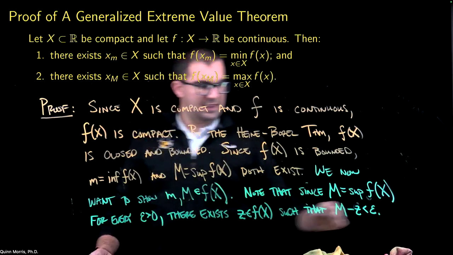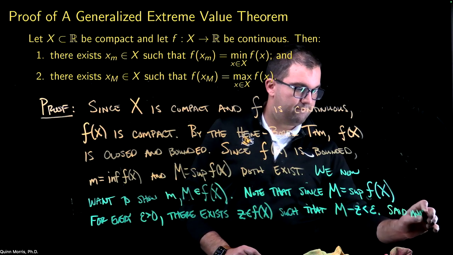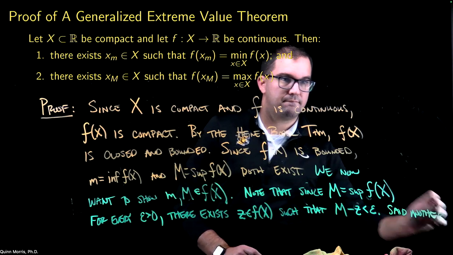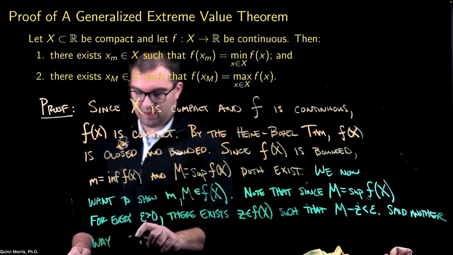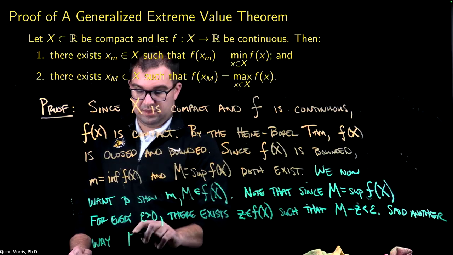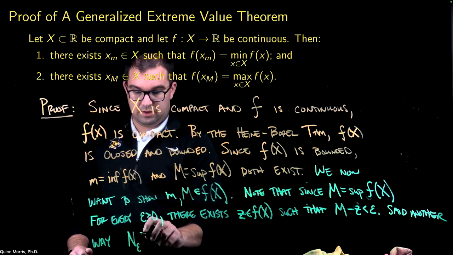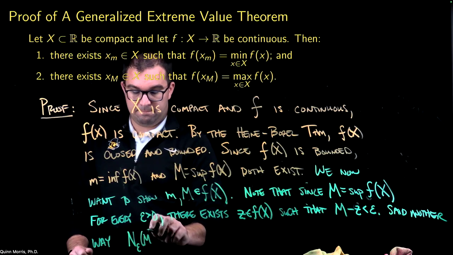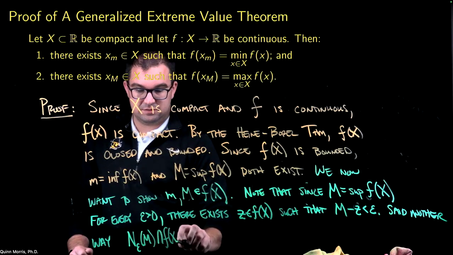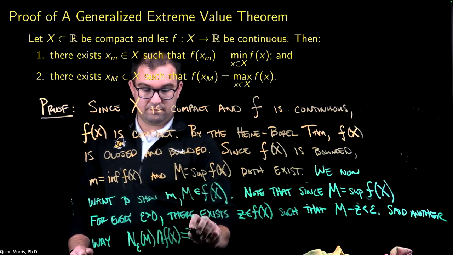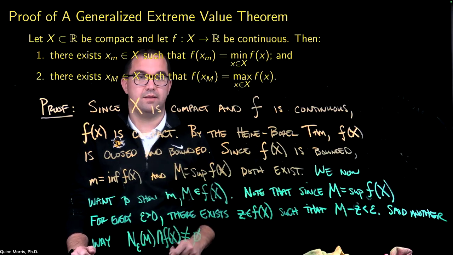What this is really saying, said another way, is that if I look at the neighborhood of radius epsilon around m intersect f of x, that is non-empty for every epsilon.